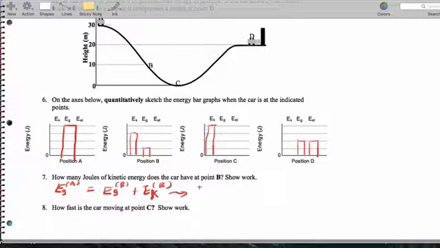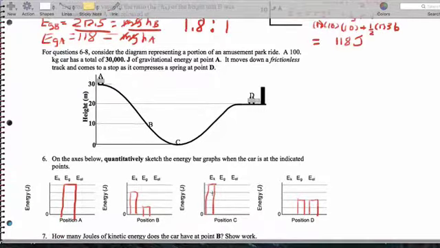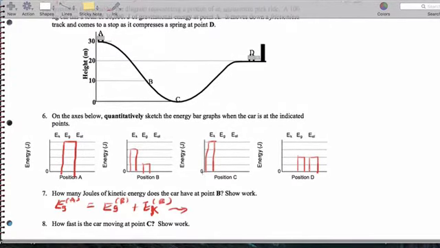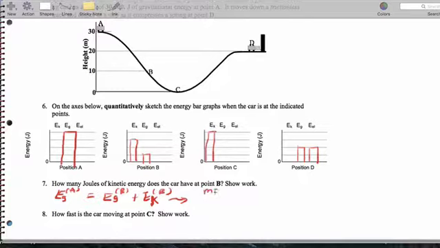So we're going to have a 100 kilogram car, so mgh at A equals mgh at B plus 1/2 mv squared. So this is my energy equation.